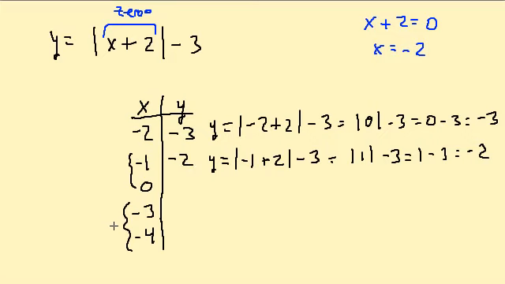When we plug 0 in, we would get -1. We plug -3 in: -3 plus 2 is -1, absolute value of -1 is 1, 1 minus 3 is -2. And then we plug -4 in, and we would get -1 as an answer.